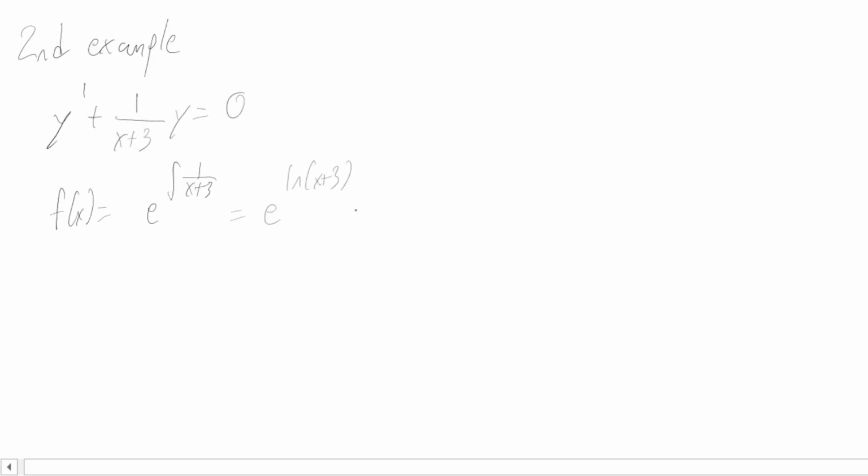So that you could find just by doing a u sub. And so our integrating factor, since e to the ln of anything is just whatever that anything is, our integrating factor is x plus 3. And that's exactly what we multiplied by to get the left side to look like a chain rule and a product rule.